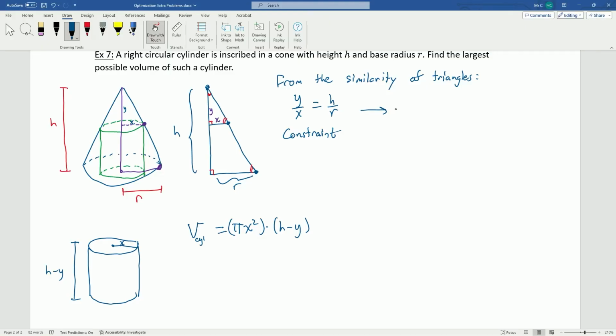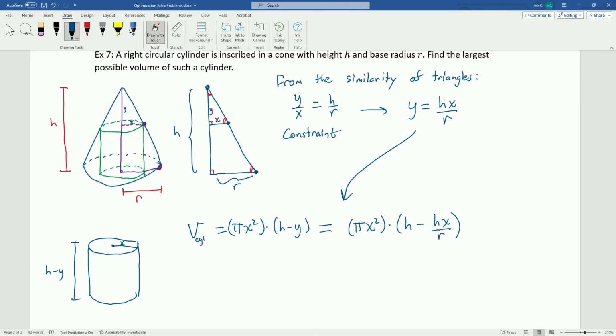So I can rearrange that and make y equal to hx over r, and then plug that right into my volume for a cylinder. Okay, so that's my volume so far.